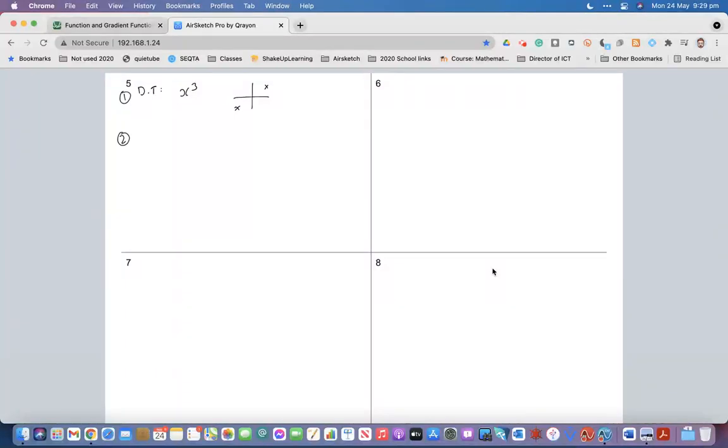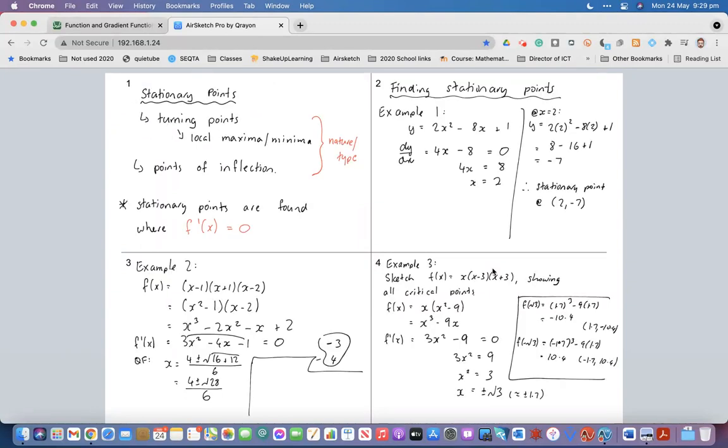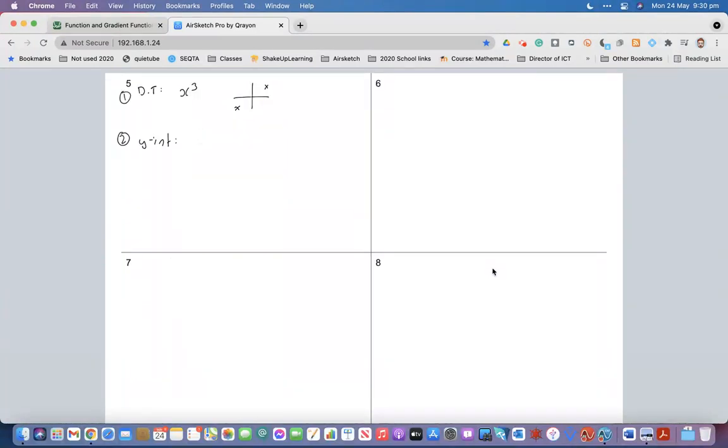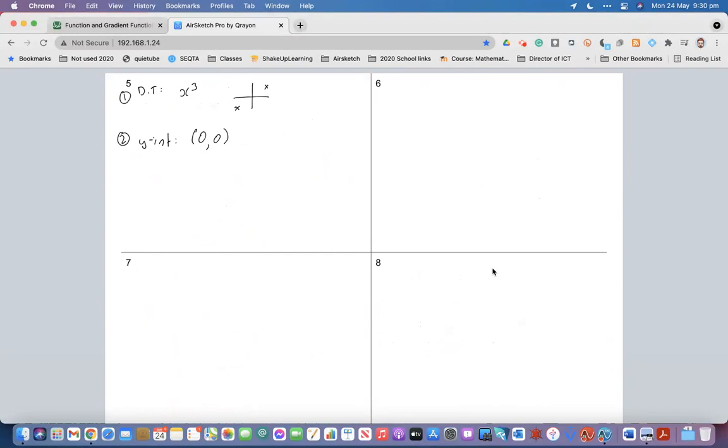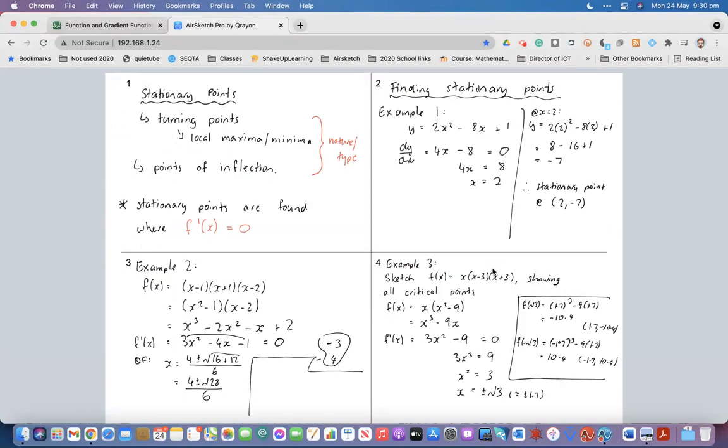For the y-intercept, we let x equal to 0, and so we would have 0 times 0 minus 3 times 0 plus 3, so that'll be 0. So when x equals 0, y equals 0. Just be mindful that you don't accidentally go minus 3 times 3 is negative 9 and forget about that there. And then the x-intercepts are fortunately quite easy because it's already in intercept form.